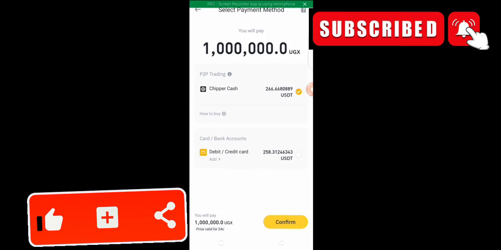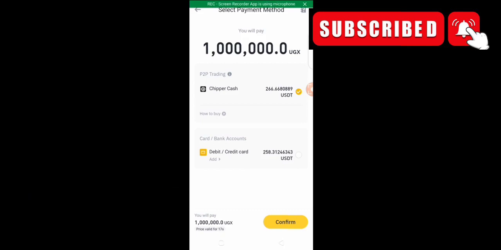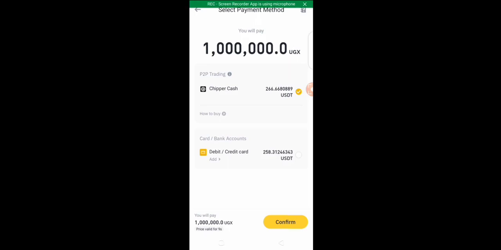After placing your order, you pay the fiat, because it is advised to first pay the fiat before the seller releases the crypto.